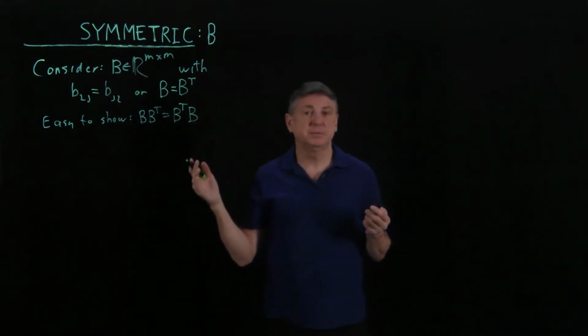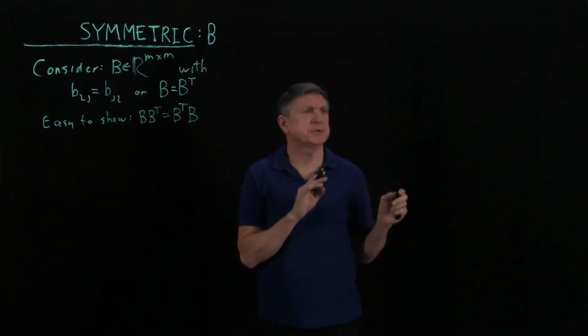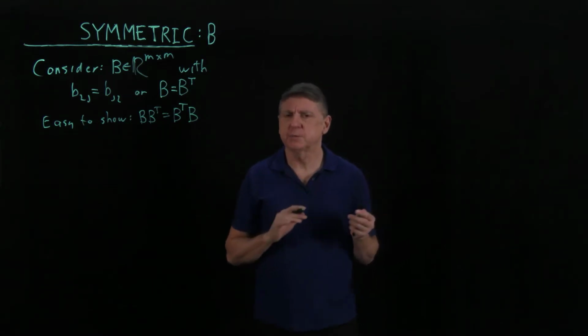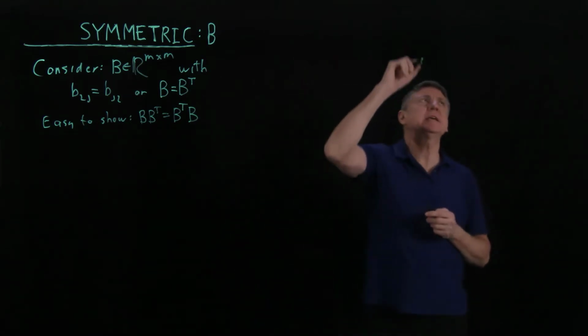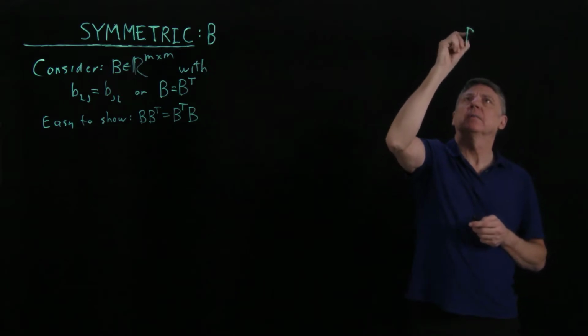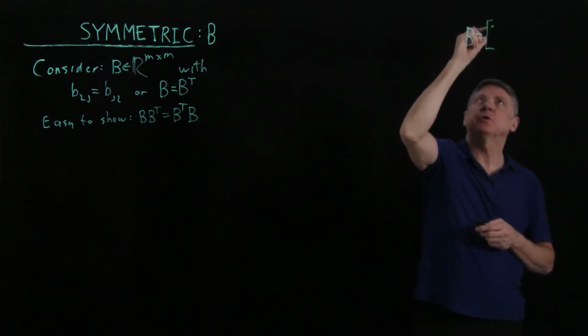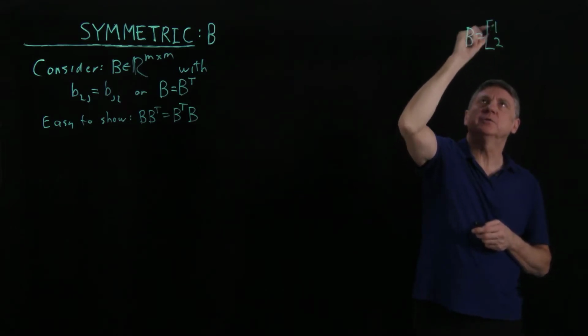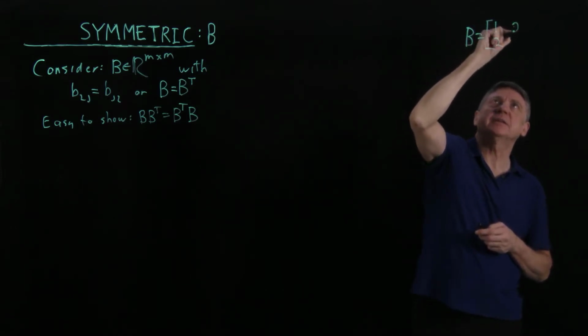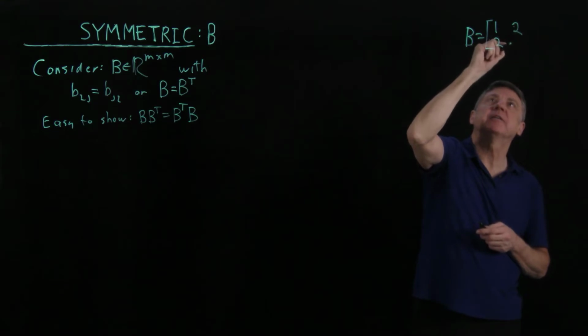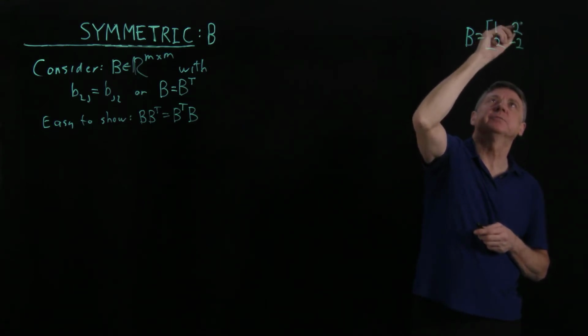Let's take a very simple example. You can use a spare sheet of paper and we'll erase this when we're done. So let's take an example where B is a 2 by 2 matrix and its first column is 1, 2, and then this entry has to be the same, and then suppose that the other diagonal entry is -2.